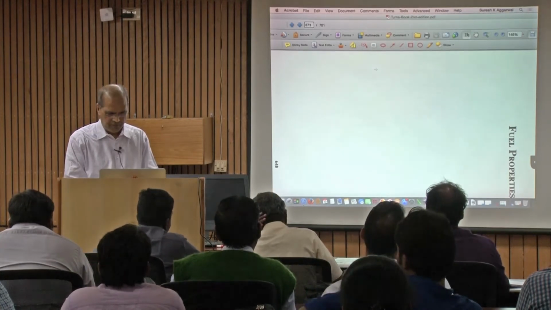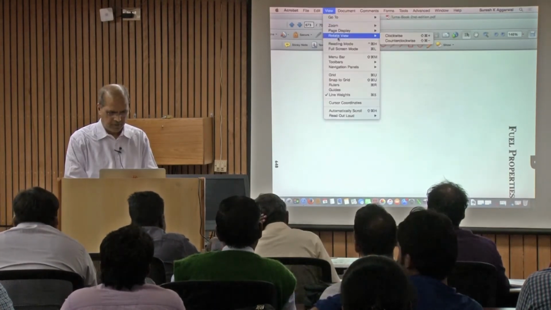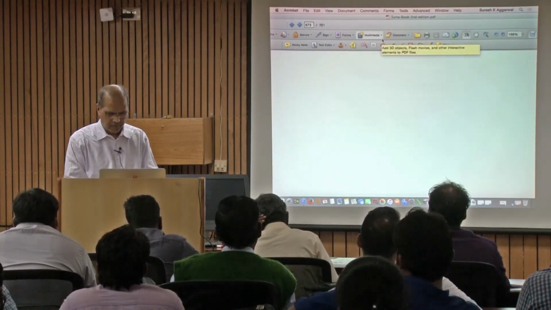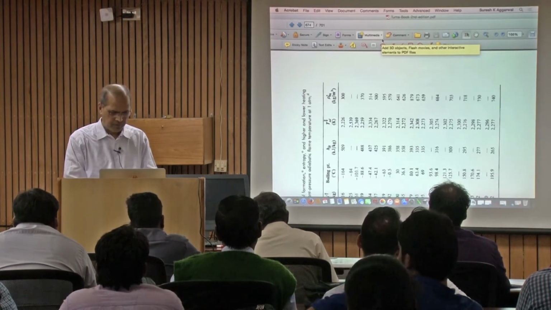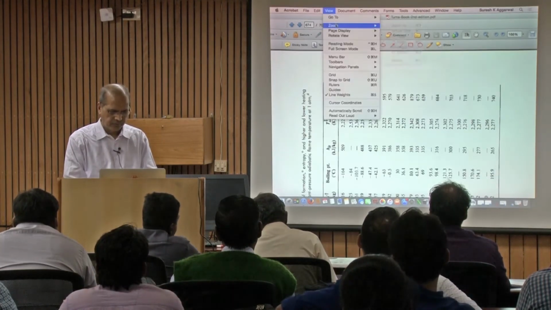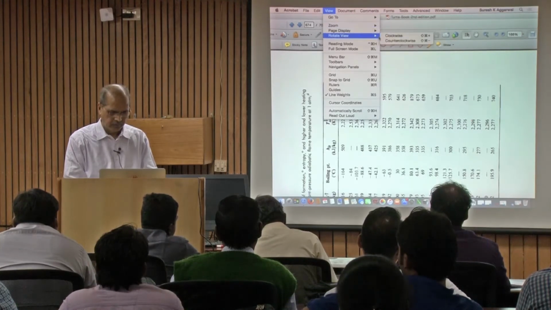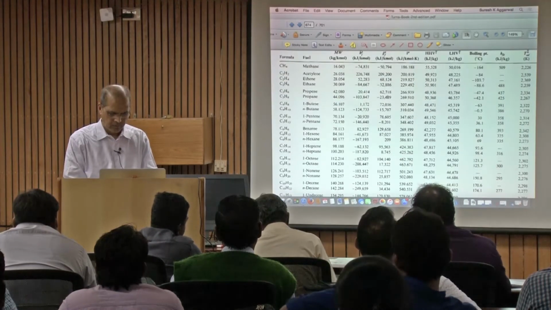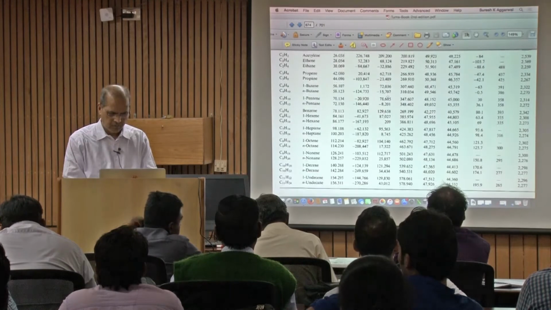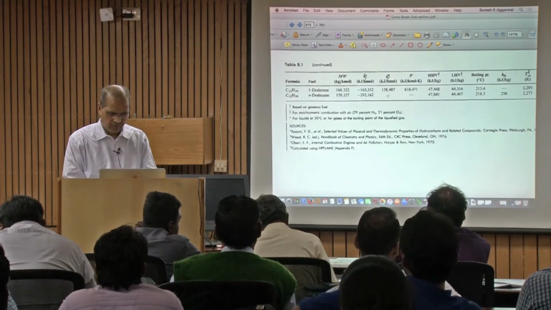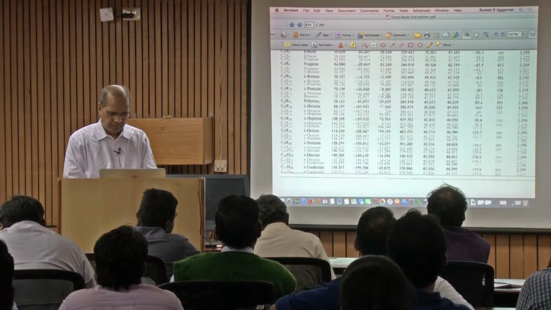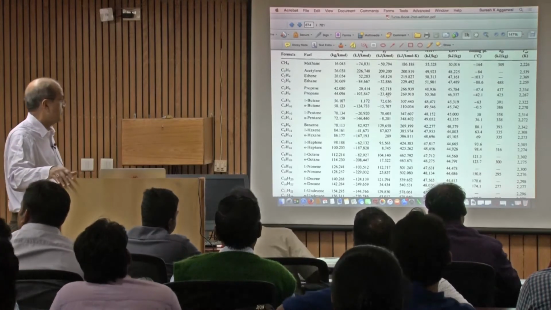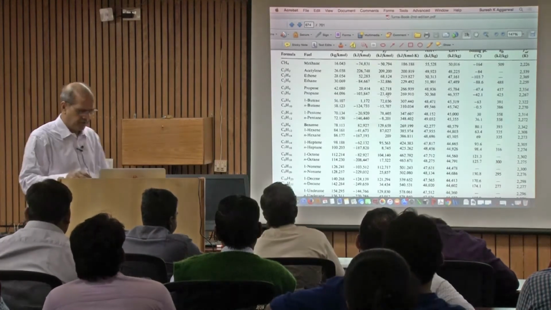So there are some sample fuel properties. For just some of the fuels, they provide these values.